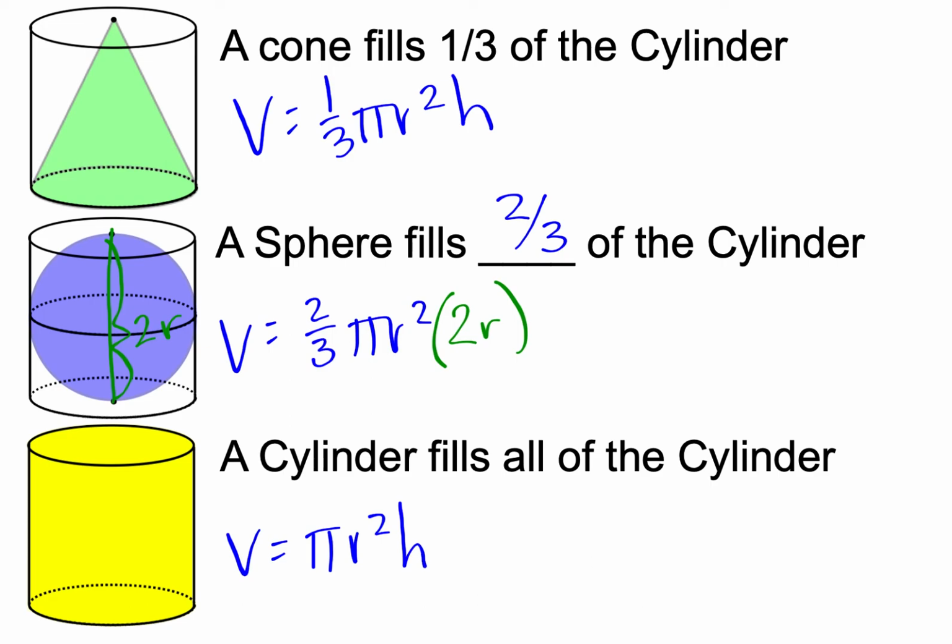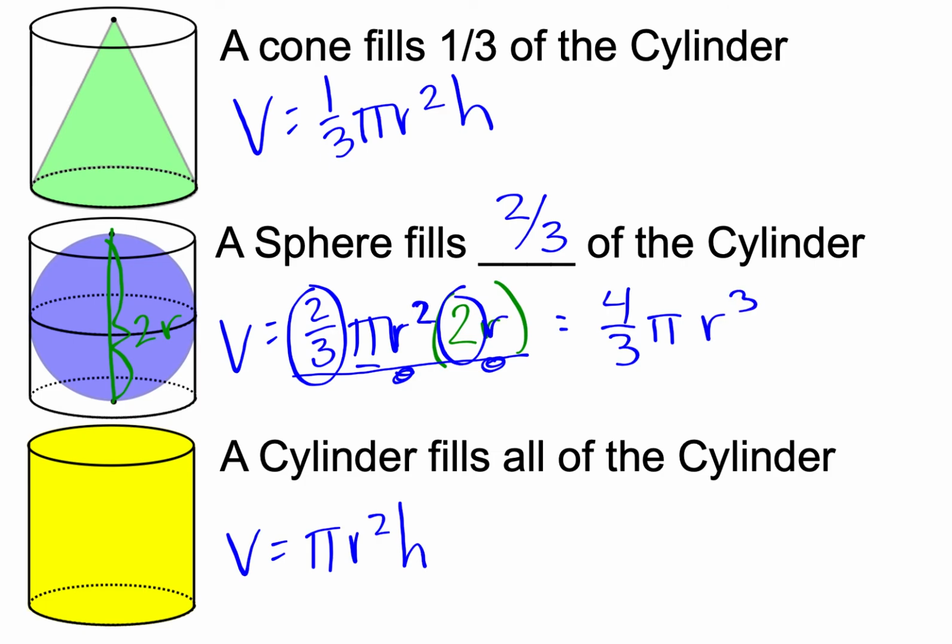Now, doing a little bit of simplifying here, the parentheses are not necessary because of the associative property of multiplication. So I've got 2/3 times 2 is 4/3. Pi is, of course, there. R squared times r is r cubed. And there is our volume formula for a sphere.